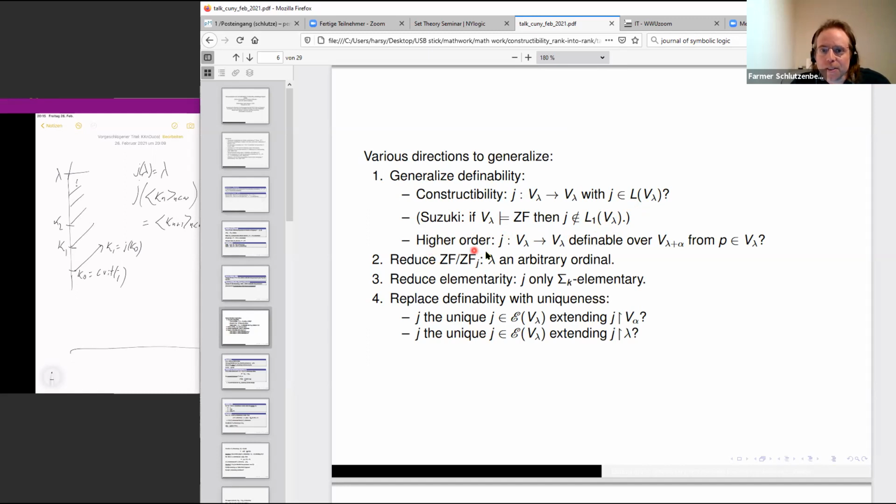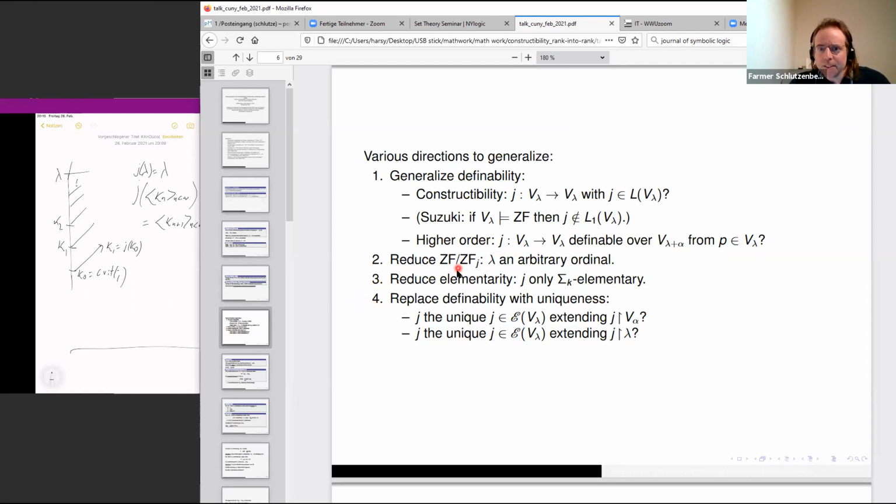We can also look at higher order more generally. So if we've got some larger V lambda plus alpha, can we get J? In this case J is going to be in there, but we could ask whether J is definable over V lambda plus alpha from some parameter still in V lambda. That's another way you might generalize the definability.